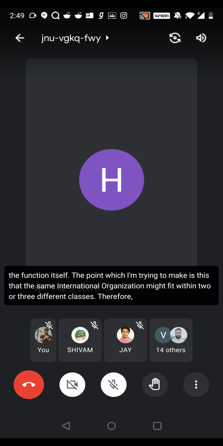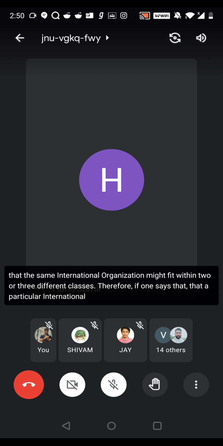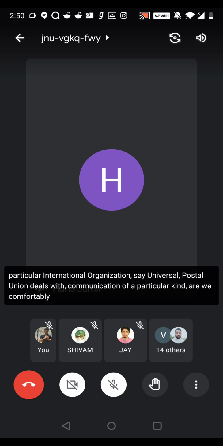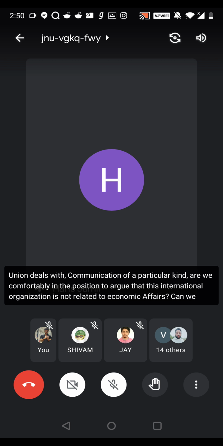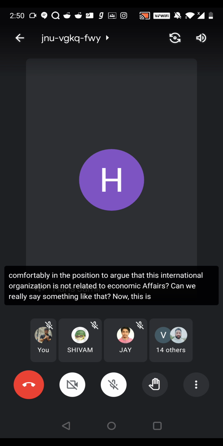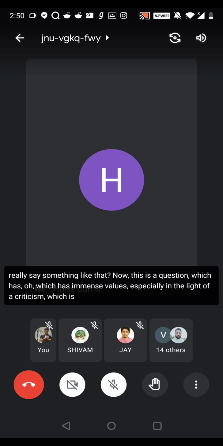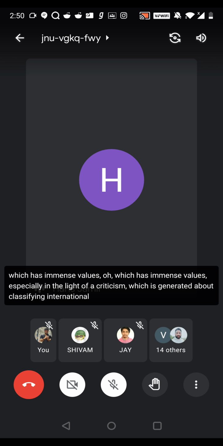If one says that a particular international organization, say the Universal Postal Union, deals with communication of a particular kind, are we comfortably in the position to argue that this international organization is not related to economic affairs? Can we really say something like that? This question has immense value, especially in the light of a criticism which is generated about classifying international organizations in terms of their functions.